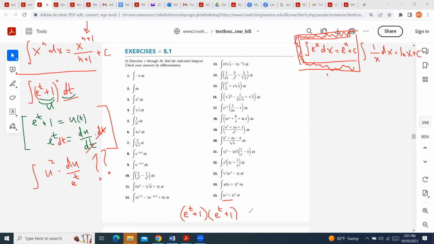Because that way you will be able to actually distribute and produce little pieces of the kind of integral that is my favorite. So when I multiply e to the power of t by e to the power of t, I'll get e to the power of 2t.